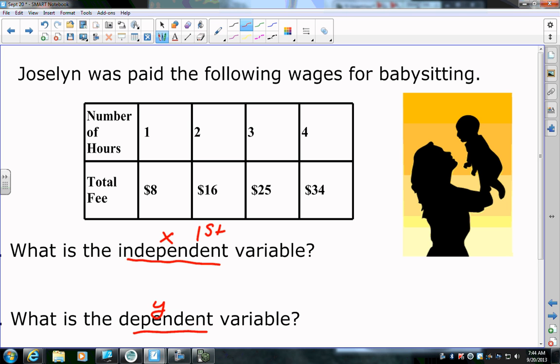Independent is the thing that happens first. Dependent is the thing that happens second. What has to happen first? Do you have to work the number of hours or do you get paid first? You have to work those hours first. So the independent variable is number of hours. The dependent is the total fee.